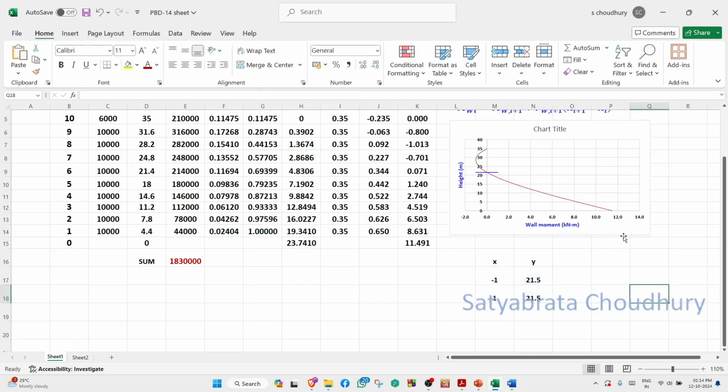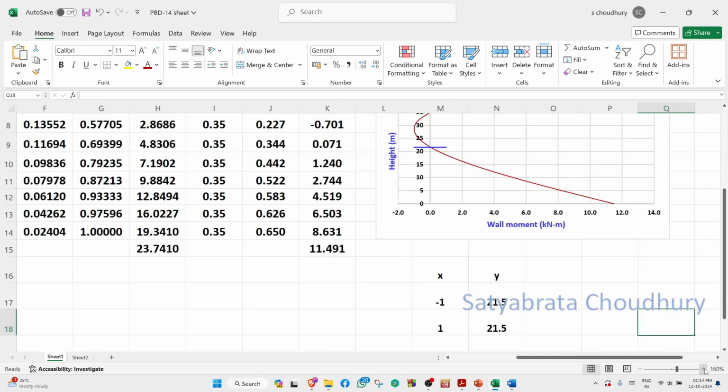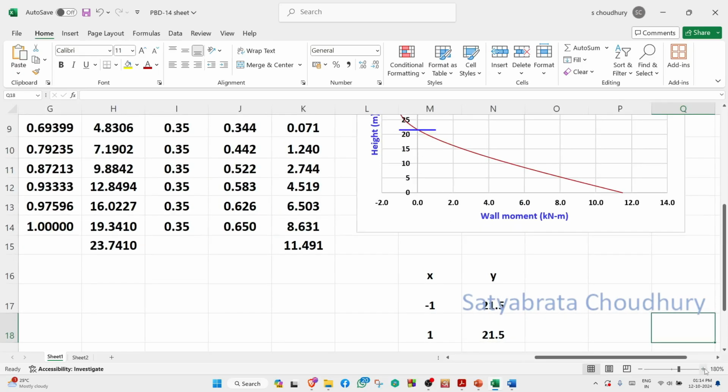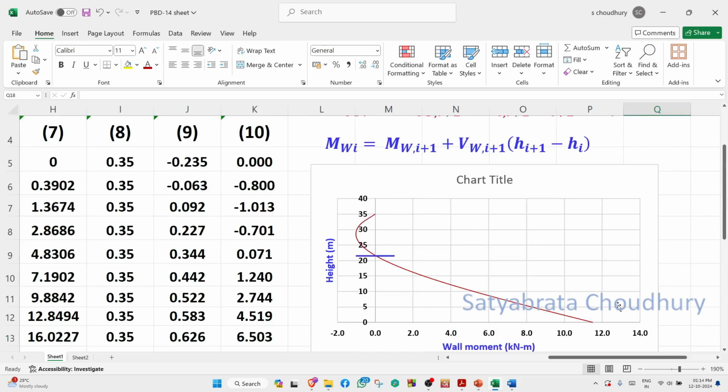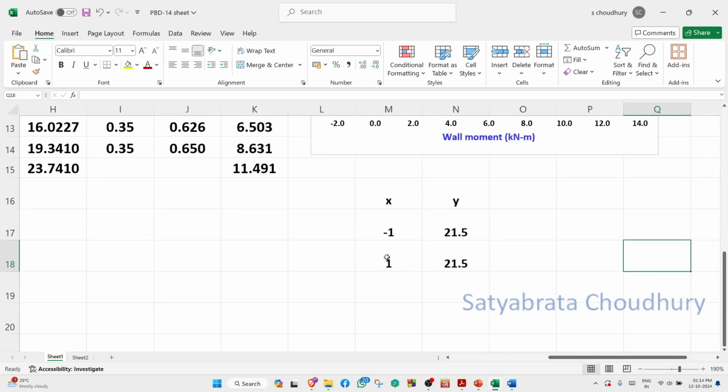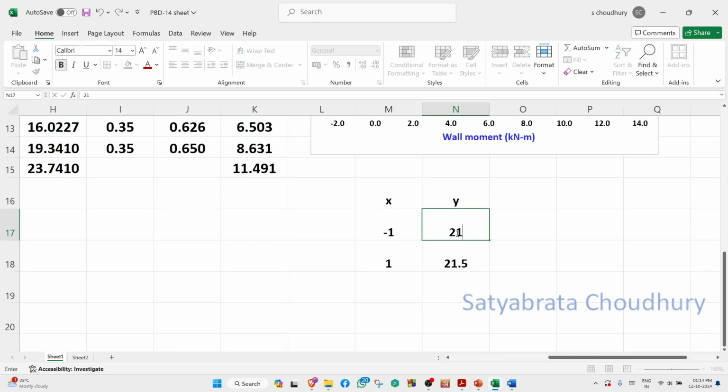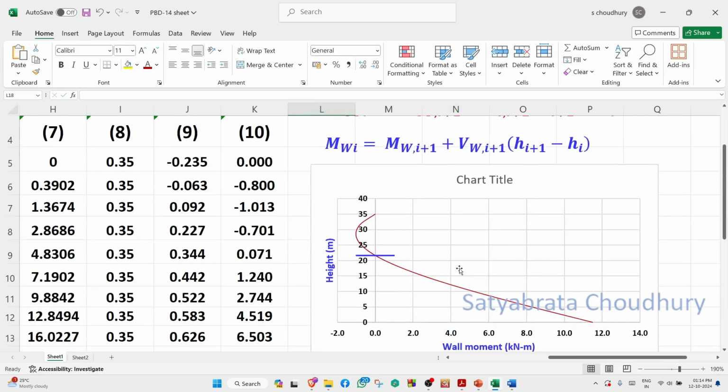Now whether it is exactly met or not, we can see by enlarging the scale of the graph, and you can see here it appears it is slightly lower. How much have we given? We have given 21.5. Let us increase it to 21.6 and see what has happened. Yes, now you see it is almost exactly matching.